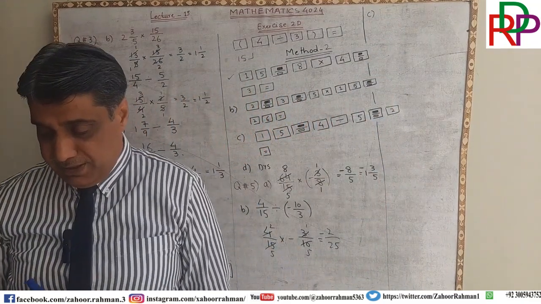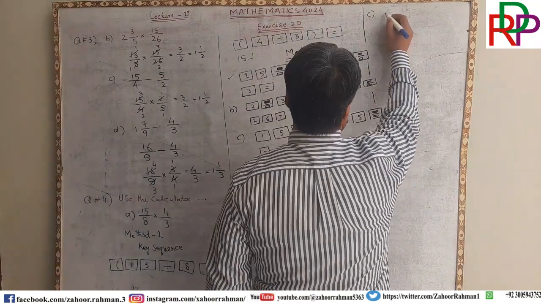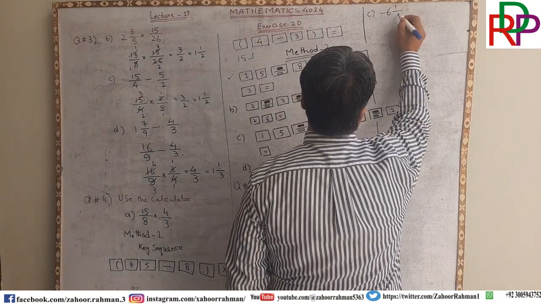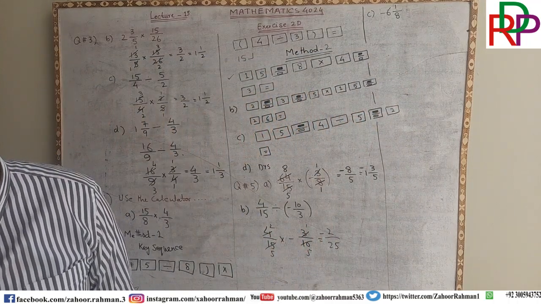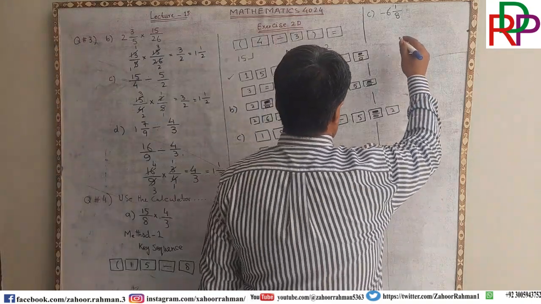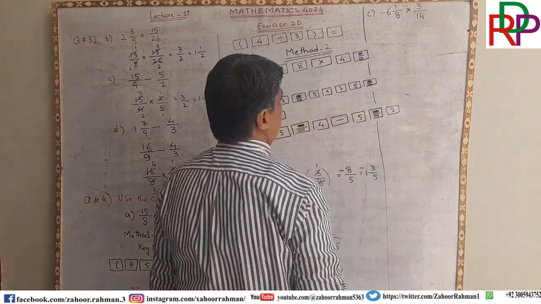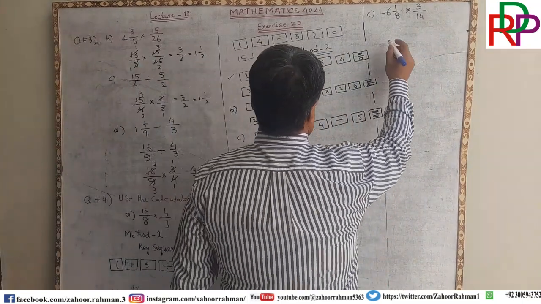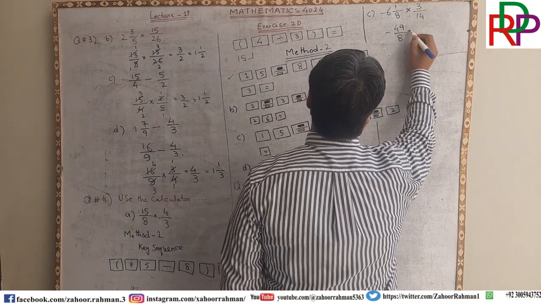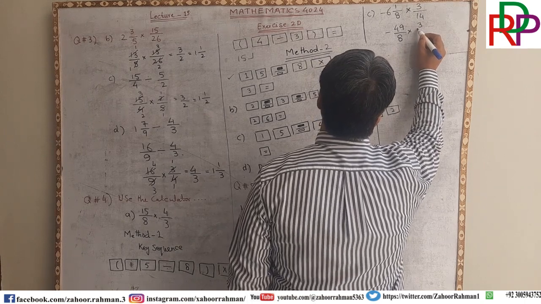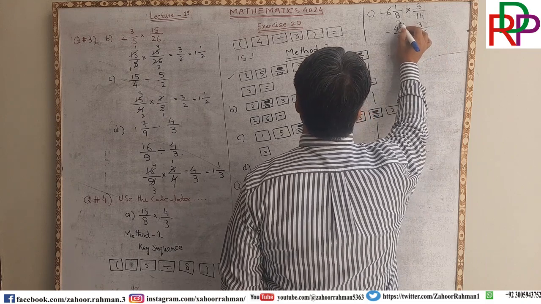And C part is saying minus 6 whole 1 over 8, and then we are having multiplied by 3 over 14. Now this is minus 49 divided by 8 multiplied by 3 over 14. 7 twos are 14 and 7 sevens are 49.